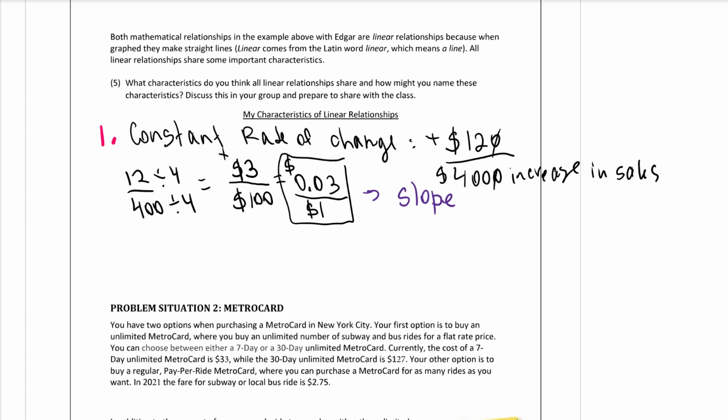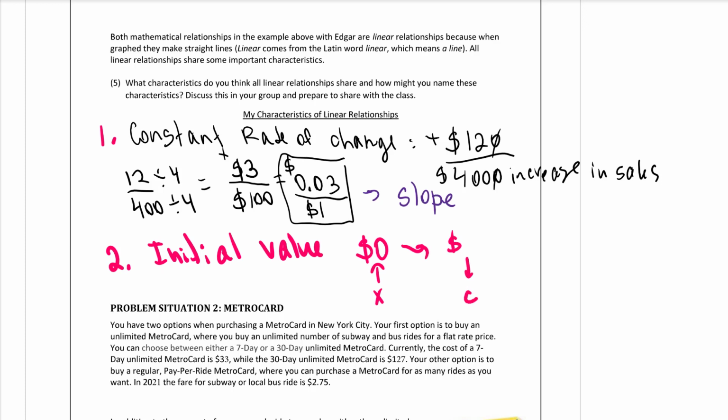So one characteristic is a constant rate of change, and the second one is that there is an initial value or starting value. So basically, if he sells $0 worth of artwork, which is our X, then his commission salary is going to be $200. All right, if you write that as a point, we write it like this: (0, 200).